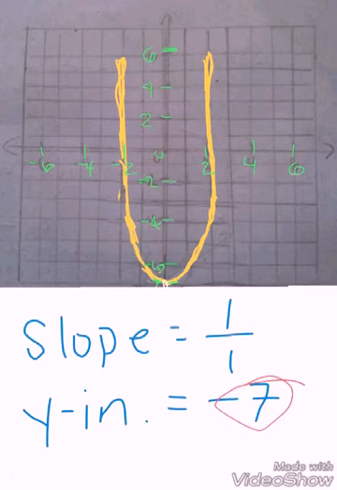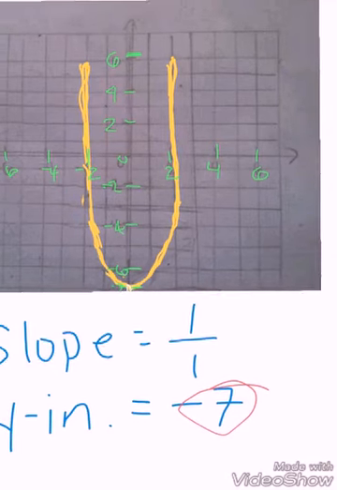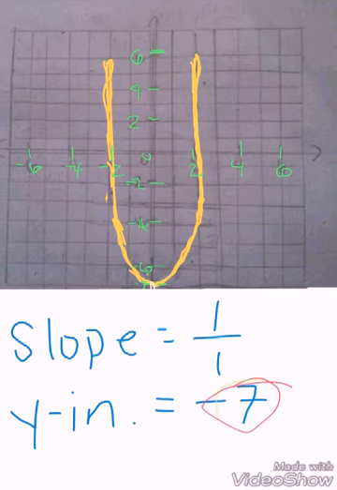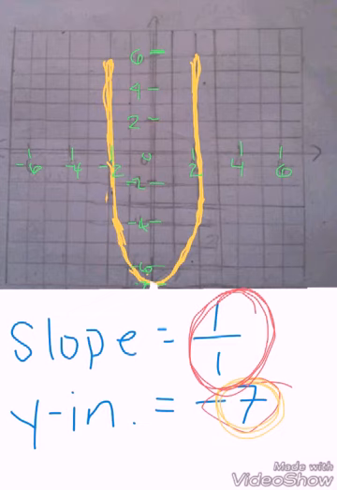Now, after having our parabola, we're just going to need to remember that our starting point is negative 7. So we're going to have negative 7 here. And we're going to have the slope 1 over 1. Meaning we're going to go up 1 and then run 1.